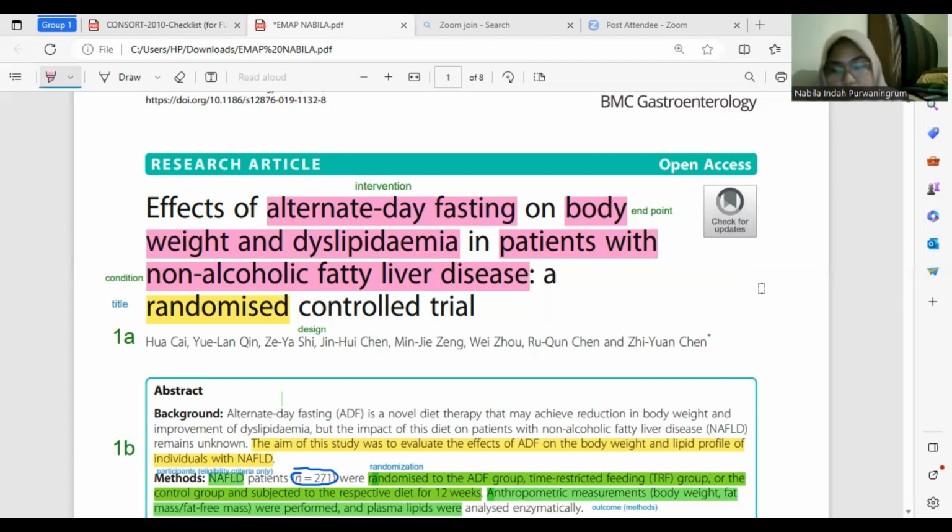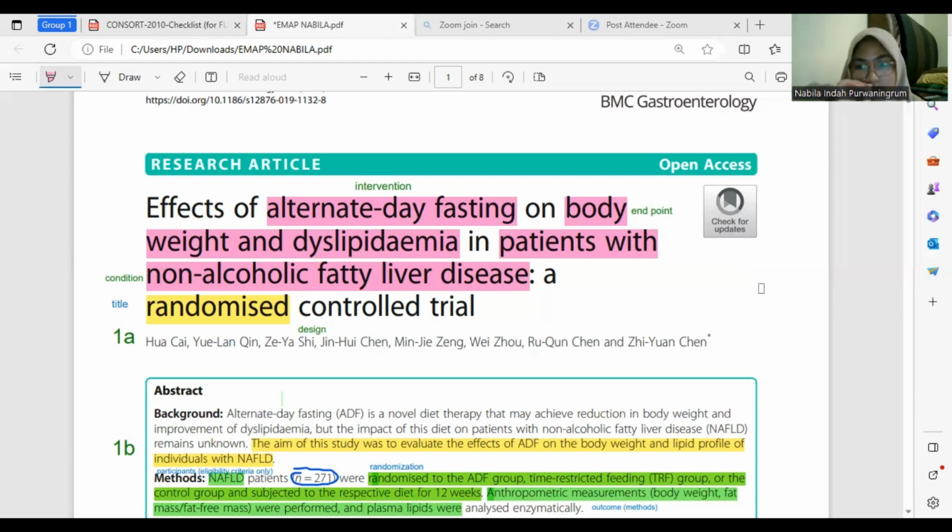And then the fifth element is endpoint. Endpoint is the outcome that we could measure at the end of the day, to make us think whether this research is successful or not.